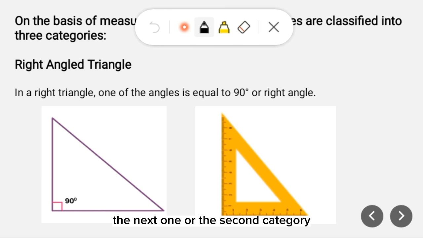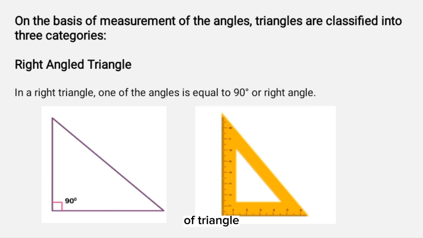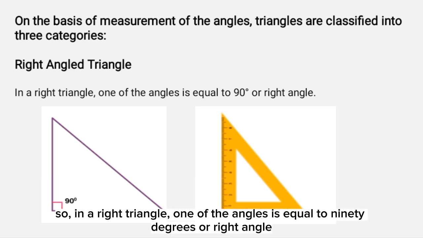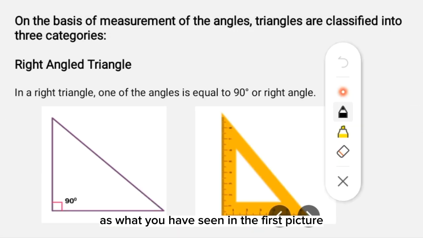The next one, or the second category of triangle on the basis of the measurement of the angle, is the right angled triangle. In a right triangle, one of the angles is equal to 90 degrees, or a right angle, as you have seen on the first picture.